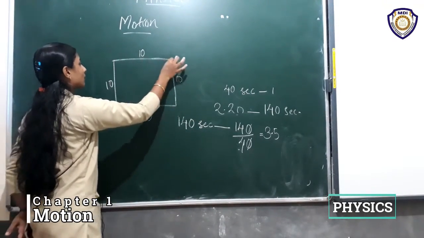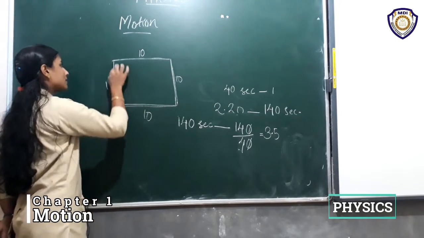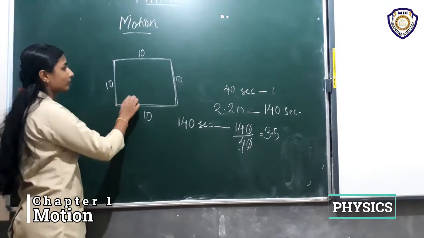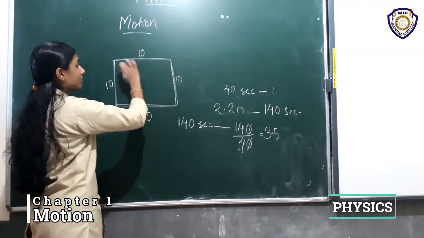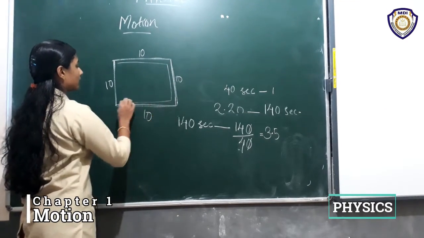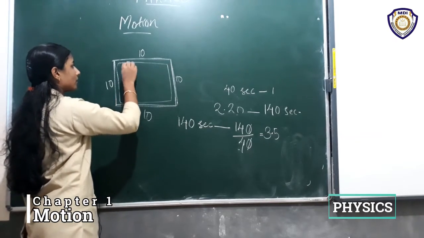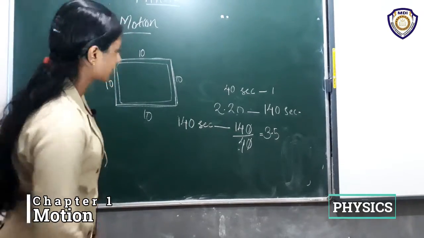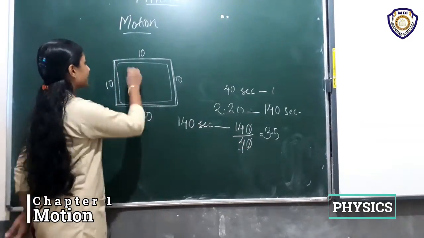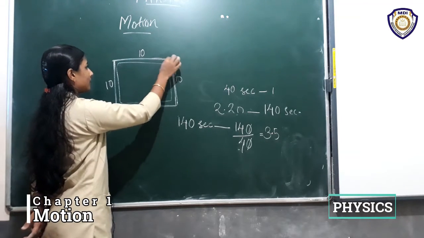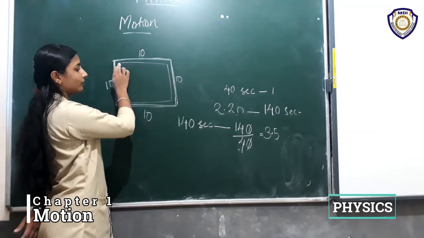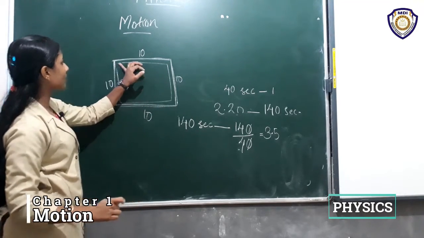So the farmer moves this much distance in 40 seconds, and this is one round, right? This will be the second, and 3.5 rounds in 140 seconds means, what will be the third?